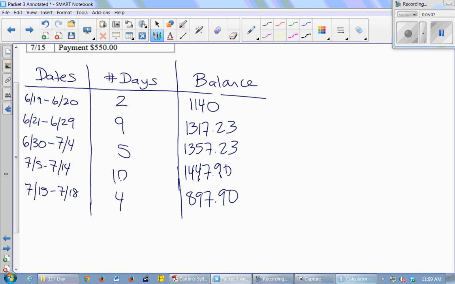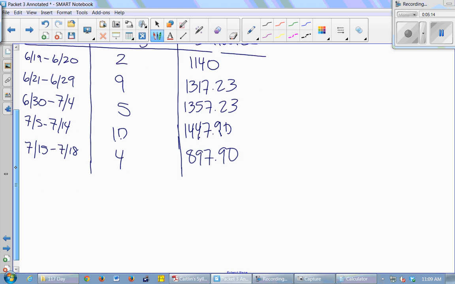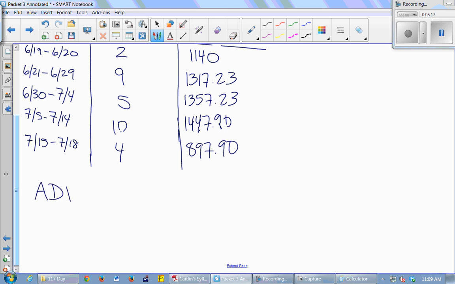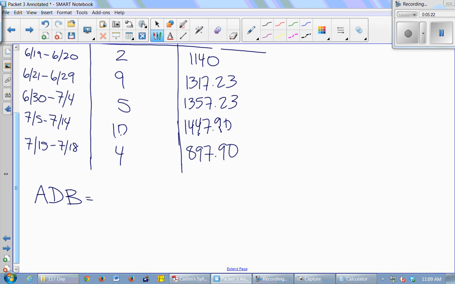But I don't have to actually write down 30 balances because many of my days have the same balance. So instead, average daily balance is going to be, well, I would do 1140 plus 1140, but writing 1140 plus 1140 is the same thing as 1140 times 2. Right? And then I would add 1317.23 9 times, which is the same thing as doing 1317.23 times 9. So I add 9 of those.